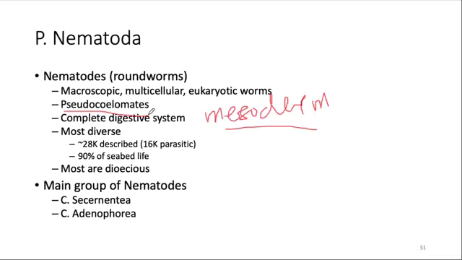Most of them are dioecious, meaning that one organism would have both the male and female reproductive structures within it. The main groups that we have within the nematodes in terms of the classes are the class Secernentea and Adenophorea.